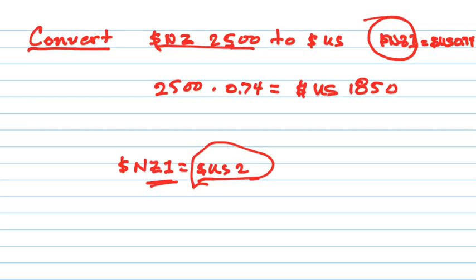So right now, is it better to have euros or New Zealand dollars? Euros are worth more, aren't they? When you bring them back, remember what happened just a minute ago where she had 8,500 euros and it came back as 13,000 New Zealand dollars. So you see that the higher the exchange rate is, the better. So logically, you always want the highest rate possible, and if you have a higher rate, then you're going to have more money.